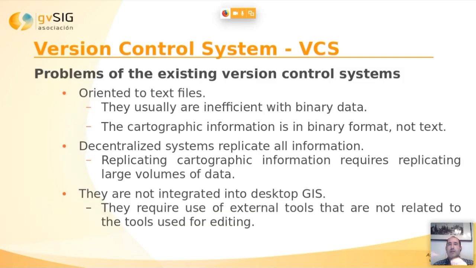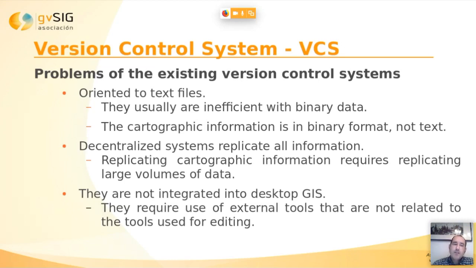Are they useful for us? They are usually oriented to text files. For example, they are very useful for documentation, for source code, etc. But they are inefficient with binary data, and the cartography is in this type of format, not in text.